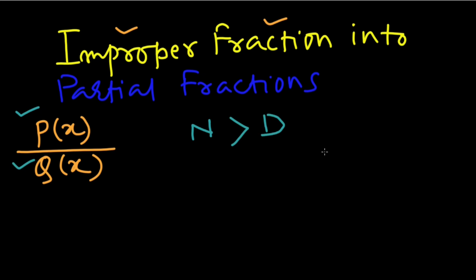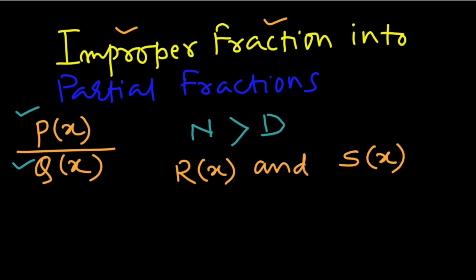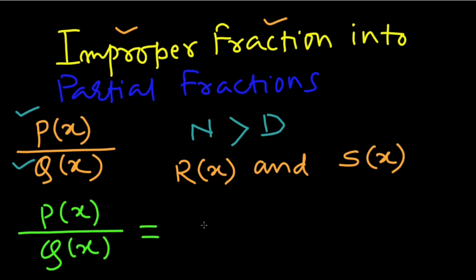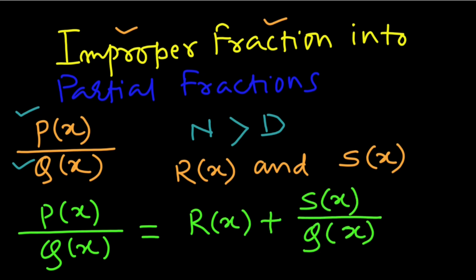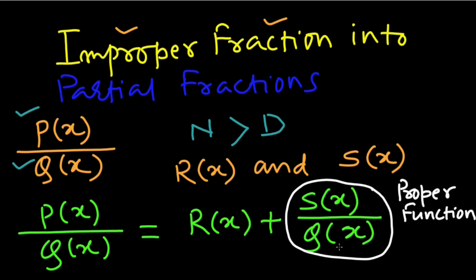In that case, we have to long divide polynomial px by qx so as to get the quotient rx and the remainder sx, so that we write the rational function px by qx equals rx plus sx by qx, where sx by qx is a proper function which can be decomposed into partial fractions by usual methods.